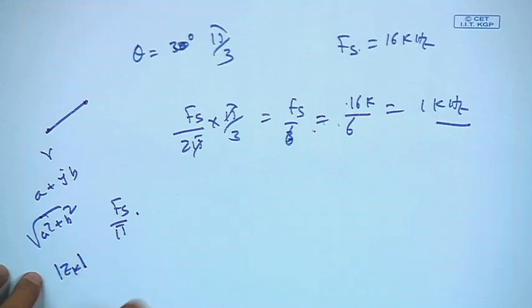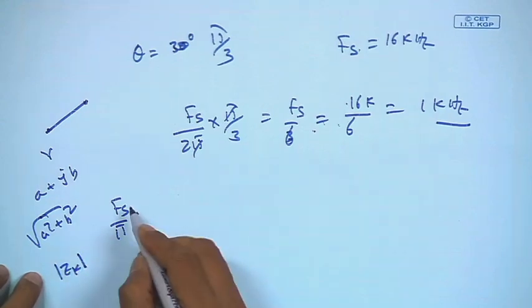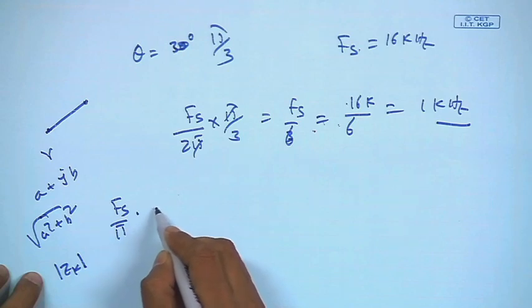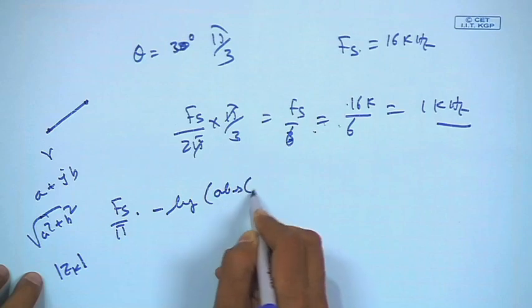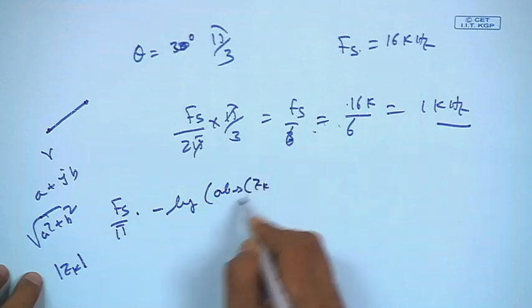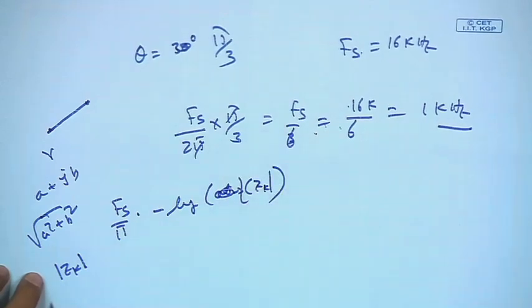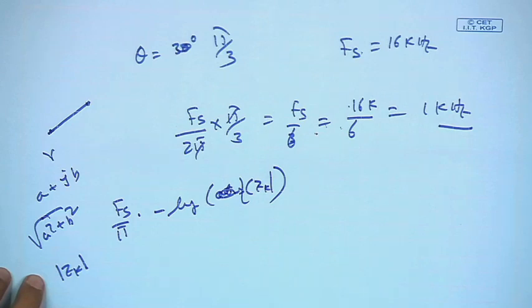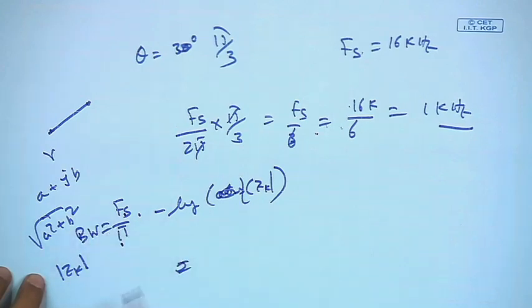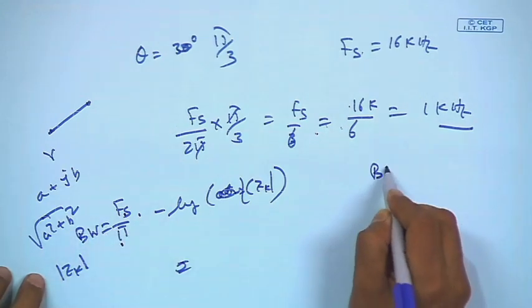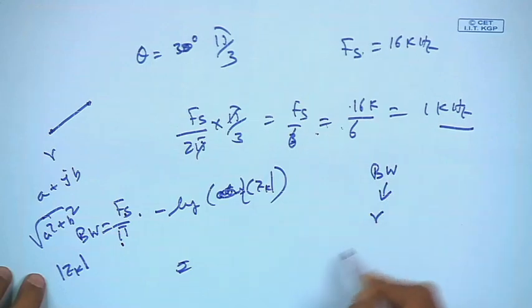So, I can say Fs by pi into minus log of mod of z k. If I know the r value, the sampling frequency, and pi, I get the formant bandwidth, or vice versa. If I know the formant bandwidth, I can find out the value of r.